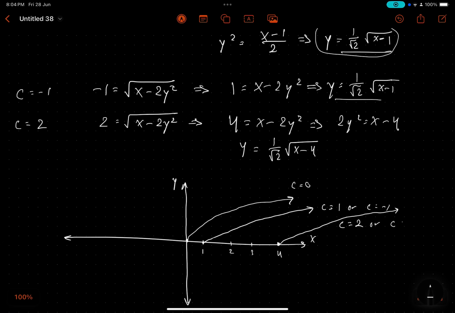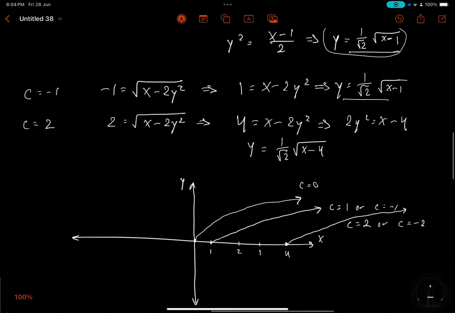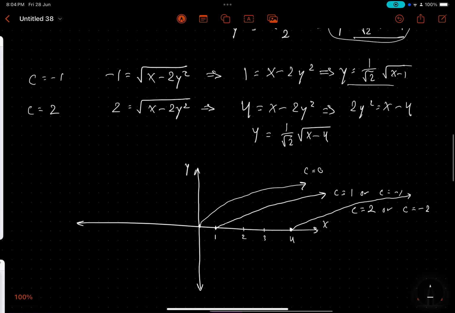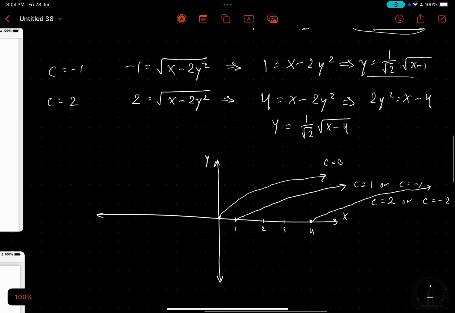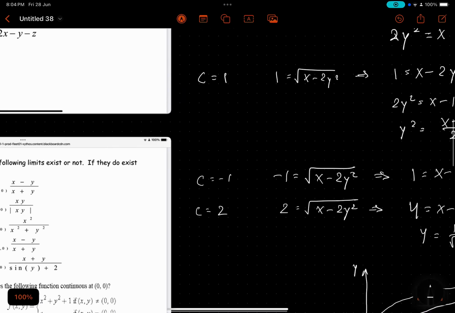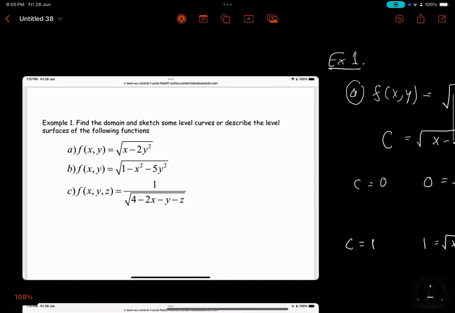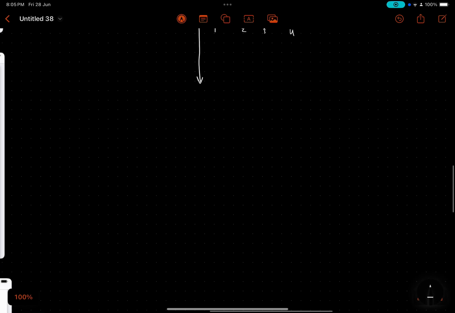And c equals negative 2 is going to be the same. So these are square root functions and these are our level curves. We drew some level curves as required. Now we can go to example B.